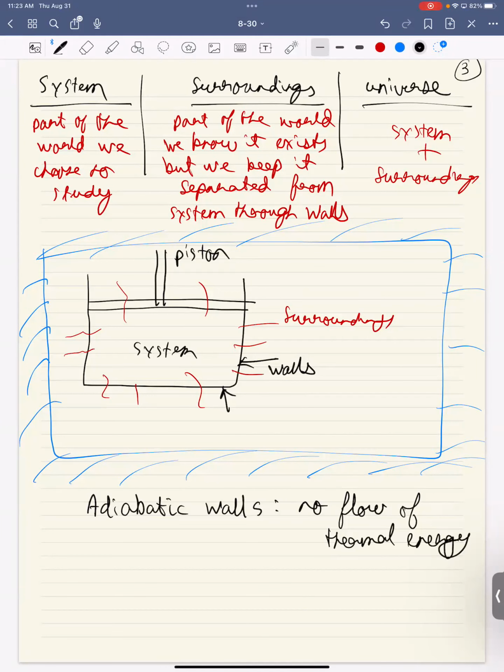Can you think of an example of an adiabatic wall? An insulated flask, right? Where is my coffee? This is not an adiabatic wall. Even if I cover this, it's not adiabatic, but a proper flask, or a furnace in which you're doing some experiment, should be adiabatic. So no flow of thermal energy, while a wall through which energy can flow is called a diathermal wall.